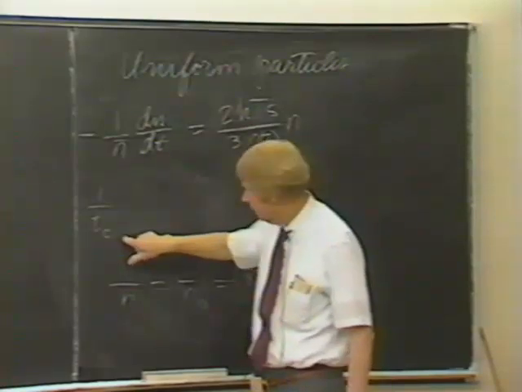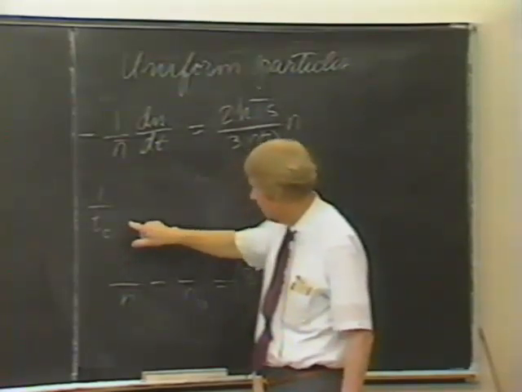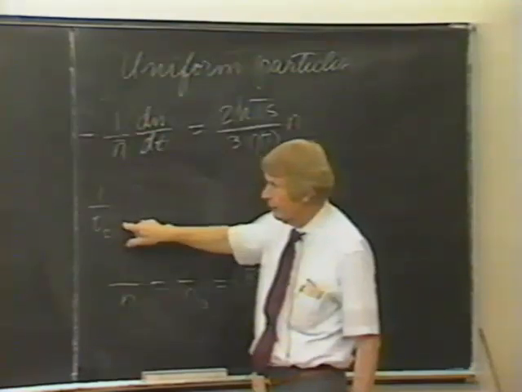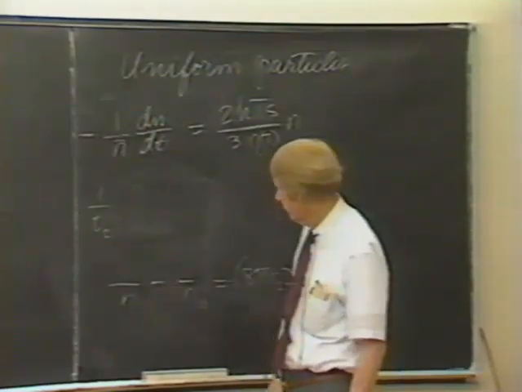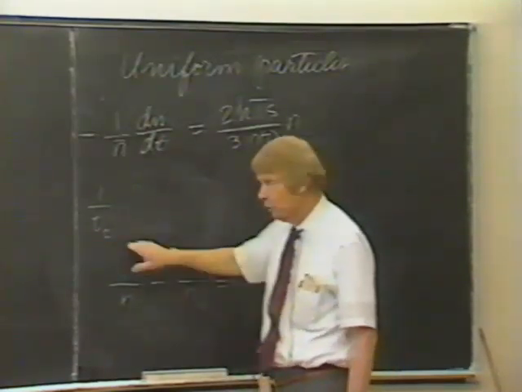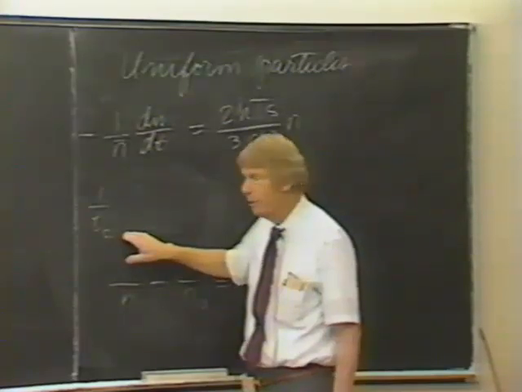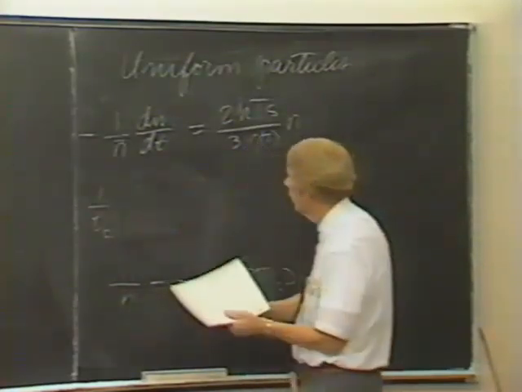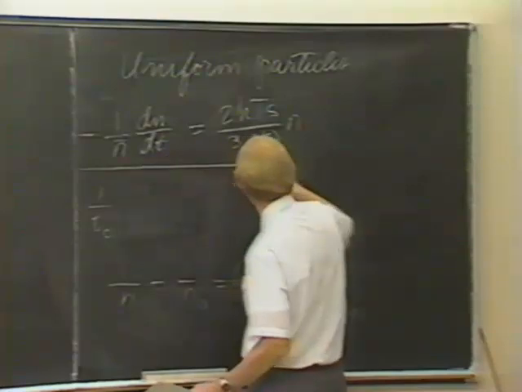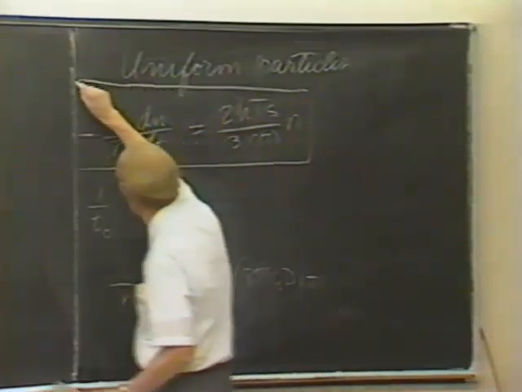And where is that used? Does it appear somewhere, 1 over time of collision? Well, my second question, I guess you have a 3 eta something. This term here is 1 over the collision time.